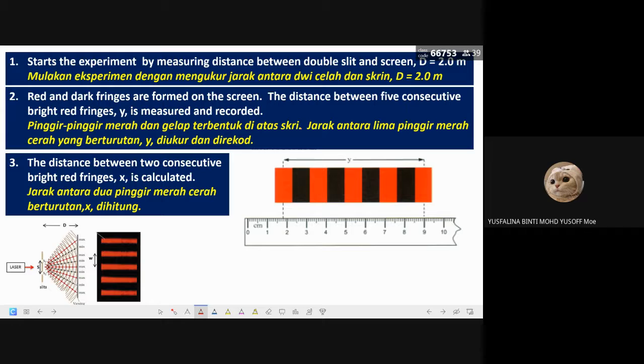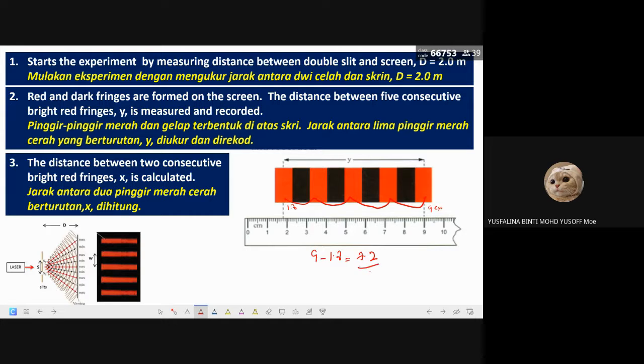This is if you do the experiment. After that you have to divide to find one. Let's say this starts from 1.8 and ends at 9 cm. So you just minus, 9 minus 1.8 is 7.2. How many gaps here? 1, 2, 3, 4, right?